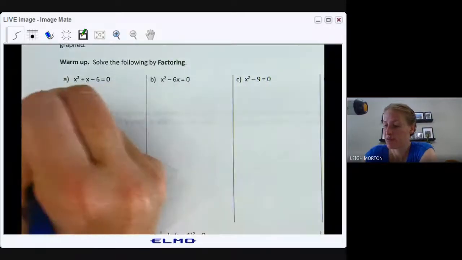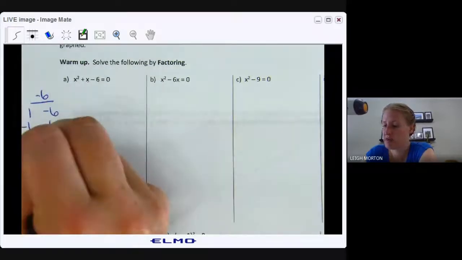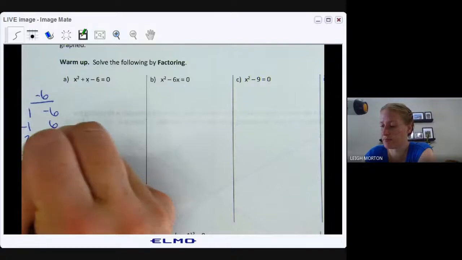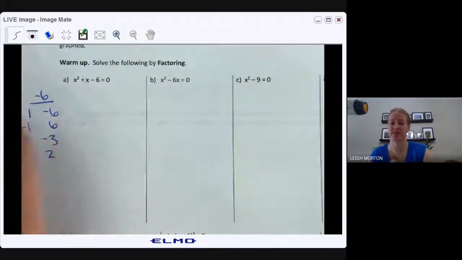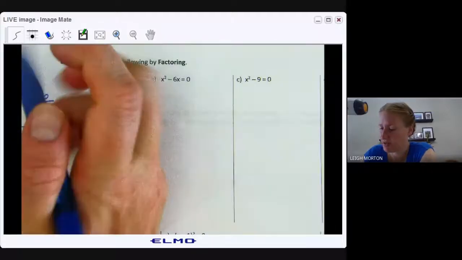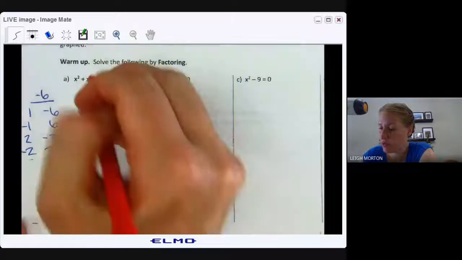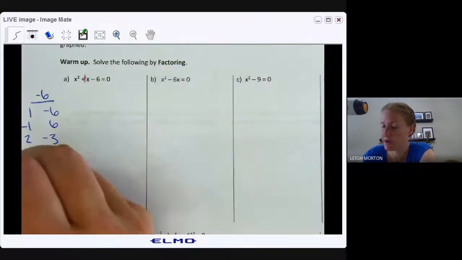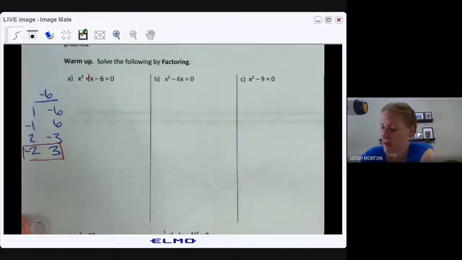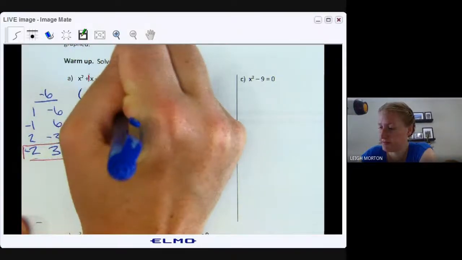So for -6, I could have 1 and -6, or -1 and 6, 2 and -3, -3 and 2. No, that's the same factor pair. -2 and 3. So I pick the factor pair that will add up to 1, which is this one right here. And that leaves me with x minus 2 times x plus 3 equals 0.